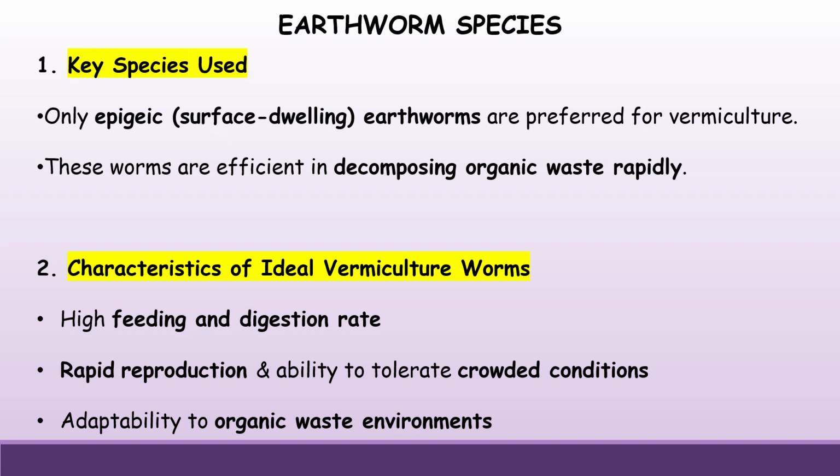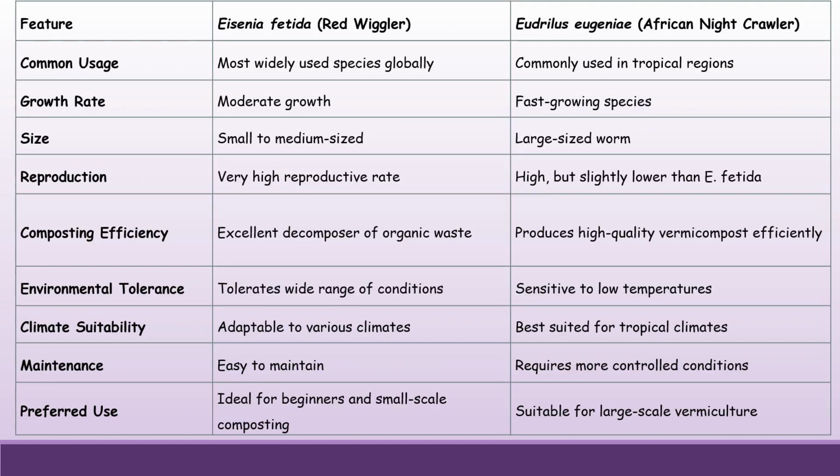So these are the key characteristics. All over the world, two main earthworm species are preferred for this technique: Eisenia fetida, commonly known as red wigglers, and Eudrilus eugeniae, commonly known as African night crawlers.